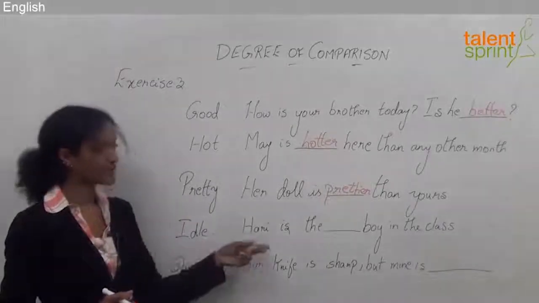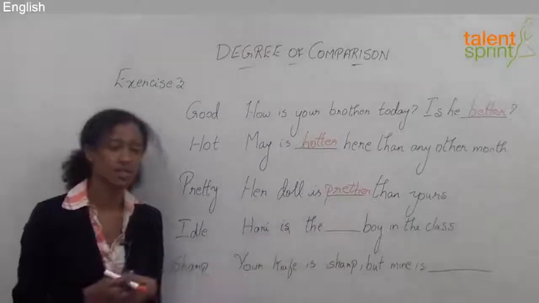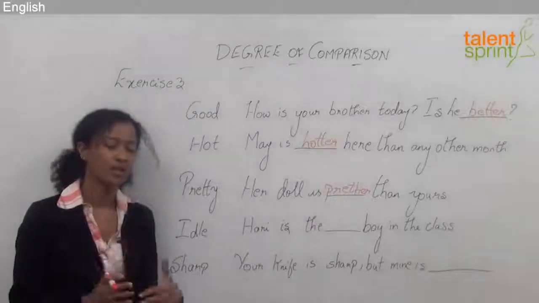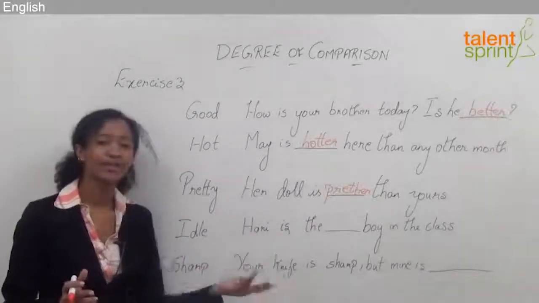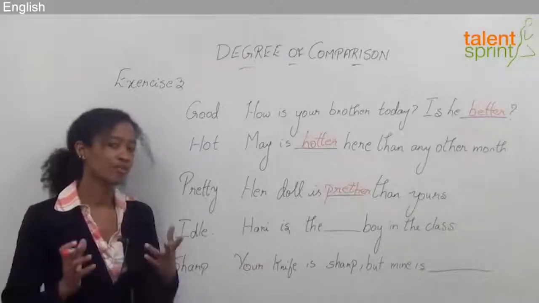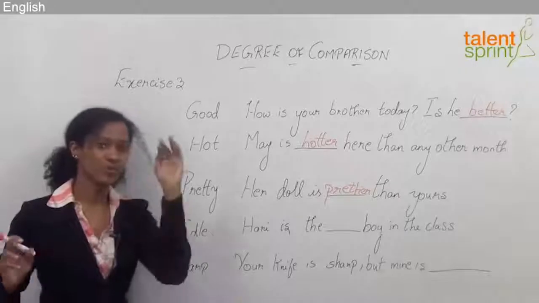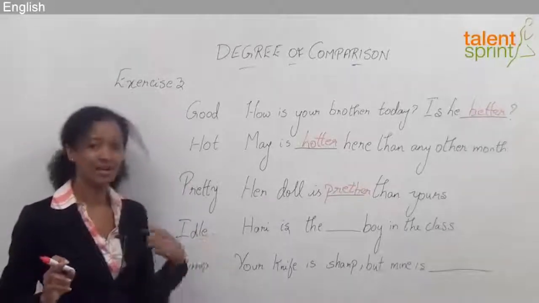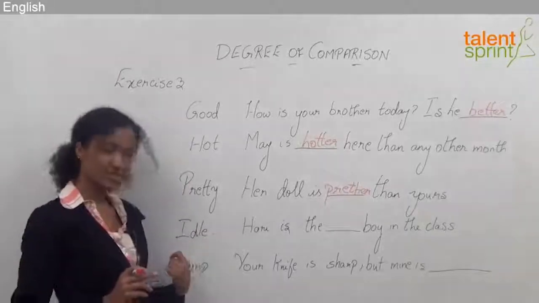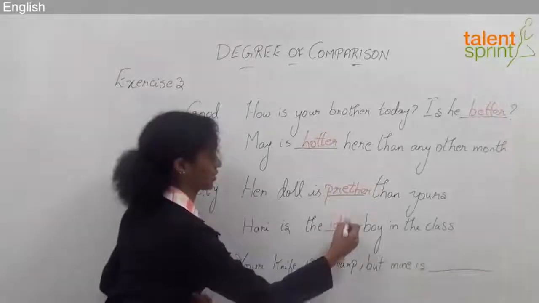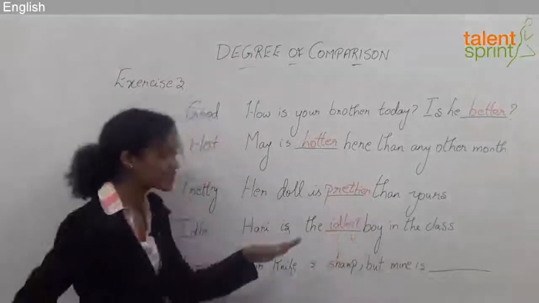Idle. Hari is the dash boy in the class. Out of all the boys in the class, Hari is the, what did I say, the extreme, superlative. So he's the idlest boy in the class.